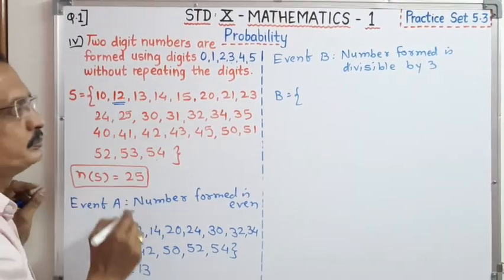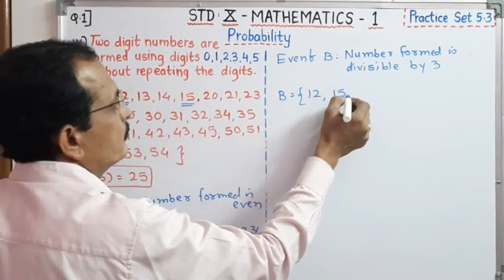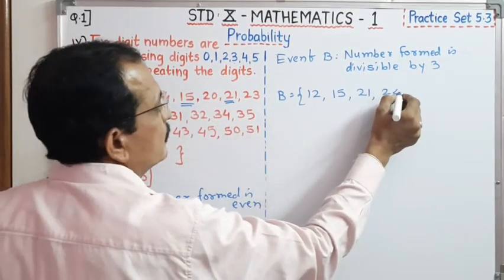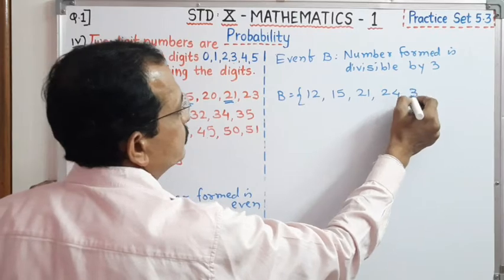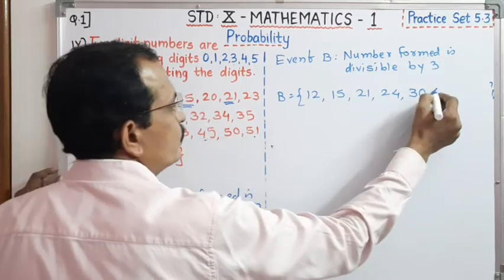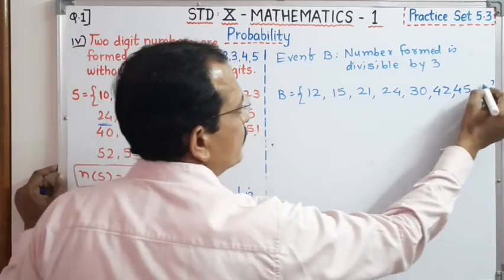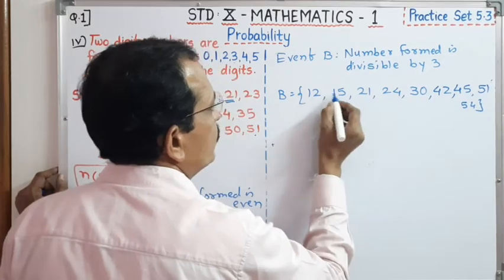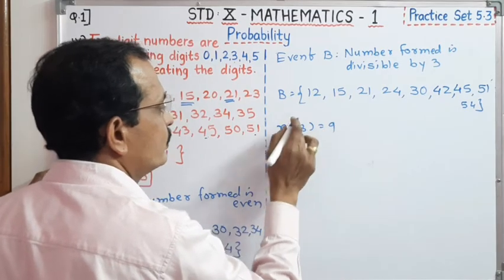Here it is 12, then 30, 42, 45, then 51, and here it is 54. Therefore 1, 2, 3, 4, 5, 6, 7, 8 and 9. Therefore the number of B is equal to 9.